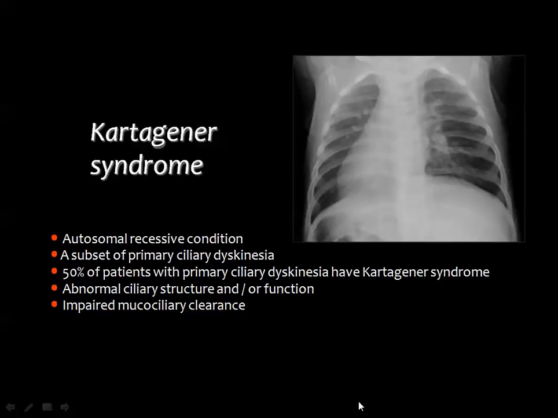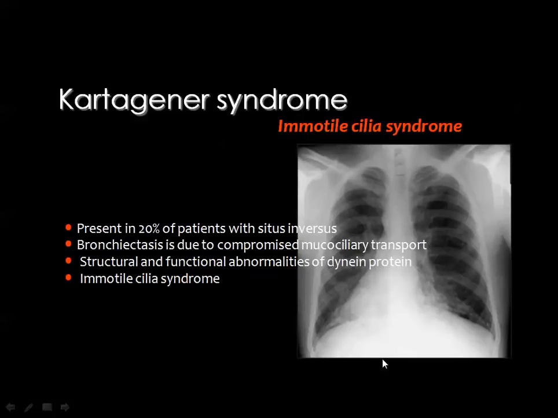The second disease which is associated also with bronchiectasis is known as Cartagena syndrome, which is an autosomal recessive condition and is a part of a major disease which is known as the primary ciliary dyskinesia. And in this disease, there is abnormal ciliary structure and function, resulting in accumulation of the secretions within the bronchi and also the development of bronchiectasis.